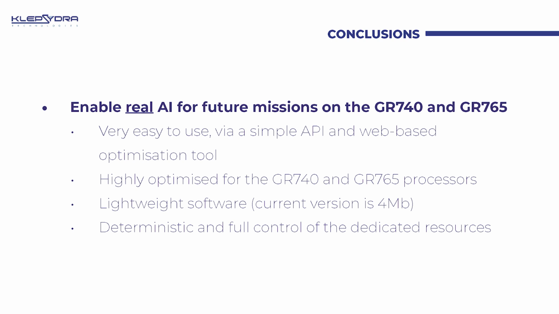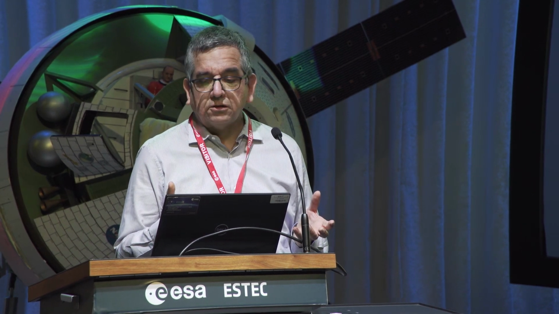After we complete this project, there will be big benefit to it. It will be possible to use artificial intelligence on these processors, the GR740 and the GR765. The software itself is quite lightweight. It's only 4 megabytes. We did it on purpose so it can be uploaded potentially to existing missions.